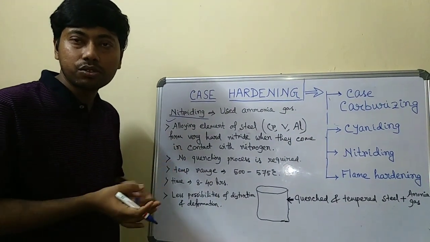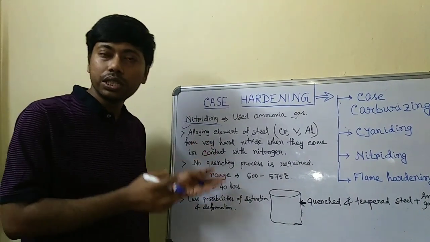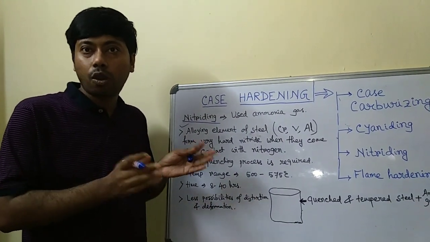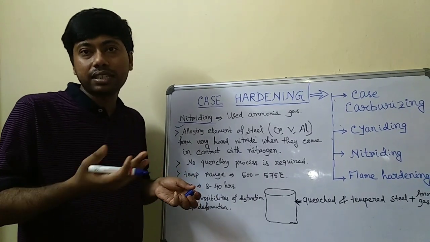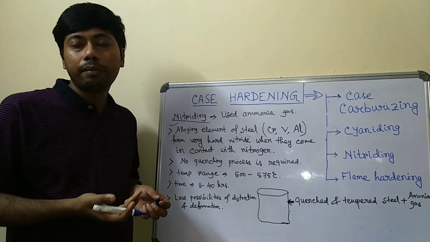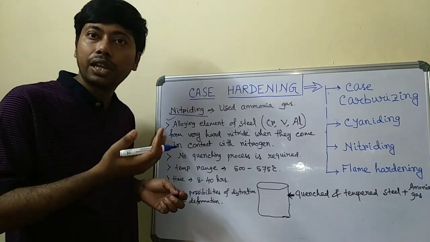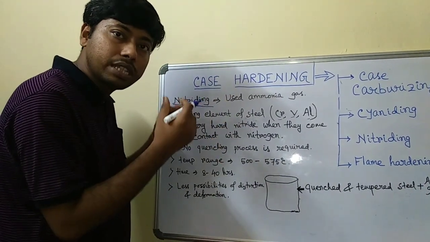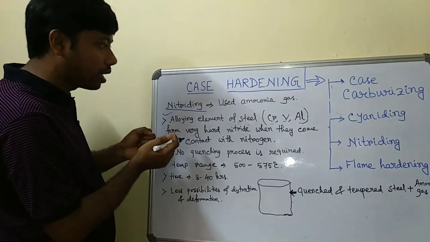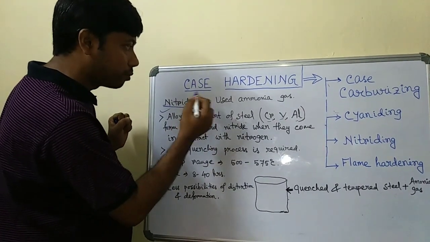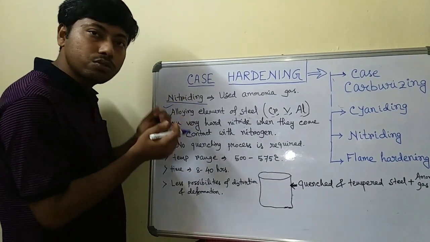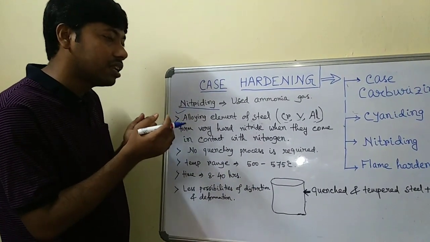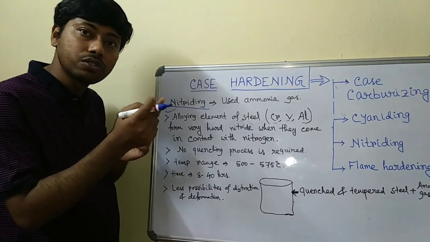That is plain carbon steel, while alloy steel is steel in which, besides iron and carbon, other alloying elements are added, like chromium, vanadium, aluminum, sulfur, and phosphorus. If chromium, vanadium, or aluminum is present within the alloy steel and ammonia gas is also present, they react and form a very hard nitride on the outer surface layer.